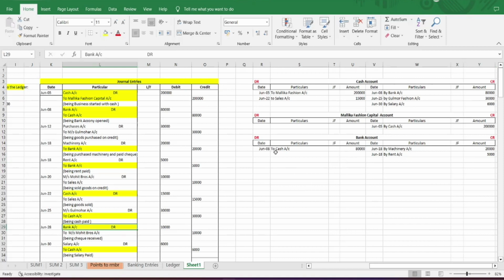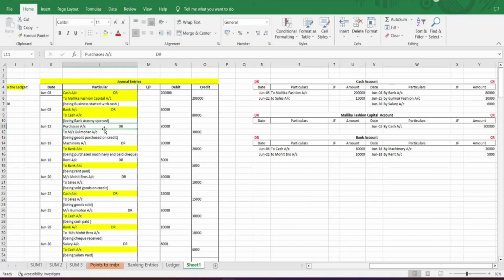Here bank account is debited to Mohit Brothers account dated June 22 for rupees 10,000. Now we have no other bank transaction, so bank account is done.